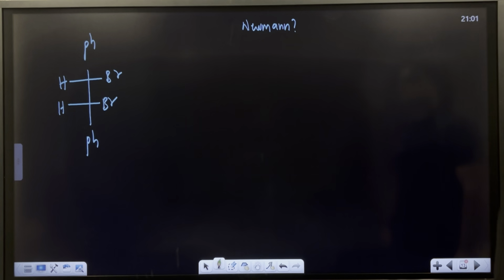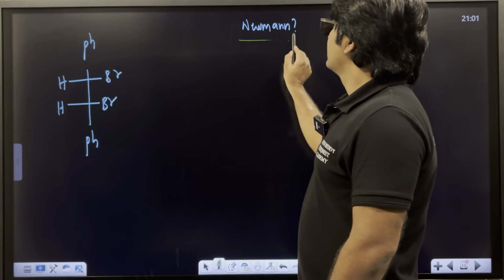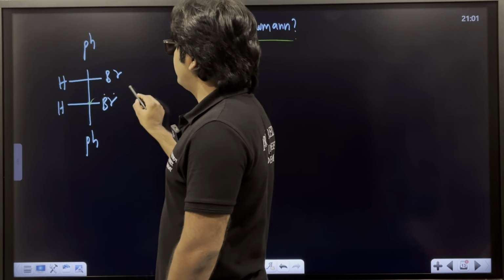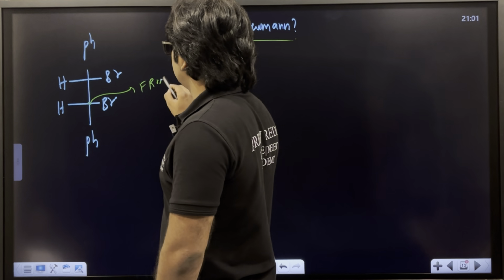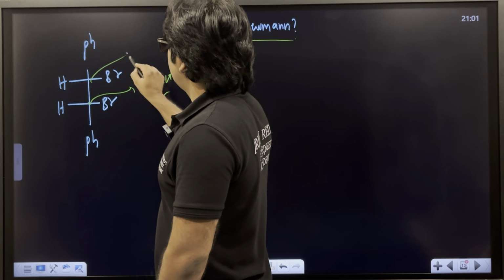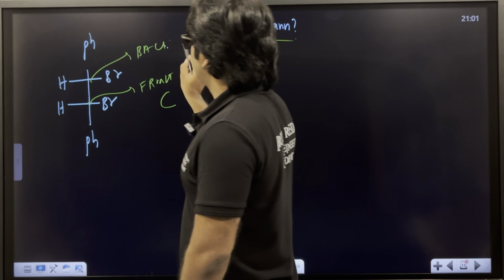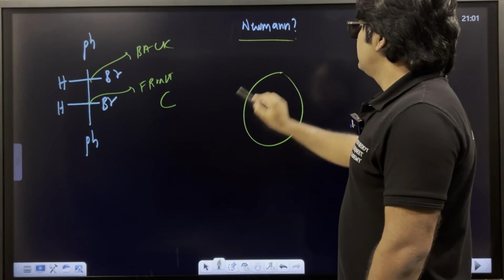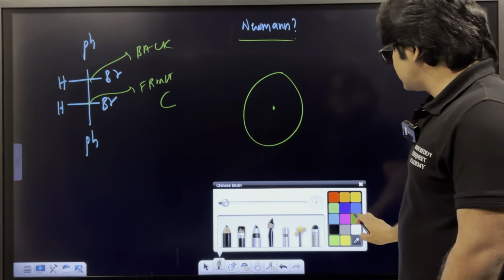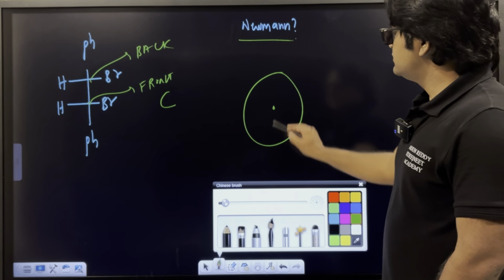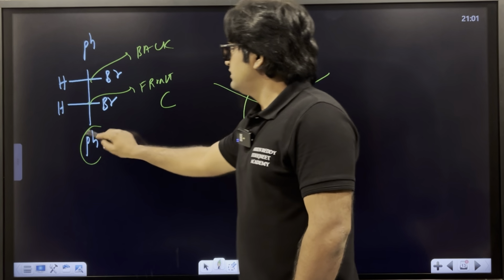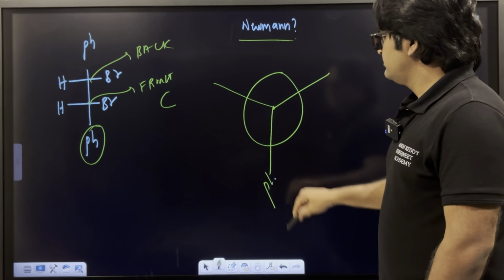Okay. Next example. Fisher, how to convert into Newman? Very simple. Let this be the front carbon atom and this one the back carbon atom. Okay. Front carbon atom is represented by a dot, back carbon atom represented by a circle. And how to arrange groups at the front carbon atom? First you write like this. Phenyl below. Here also you write below.